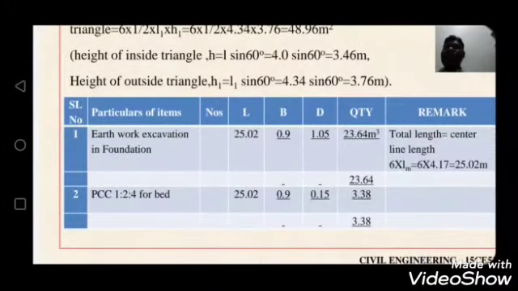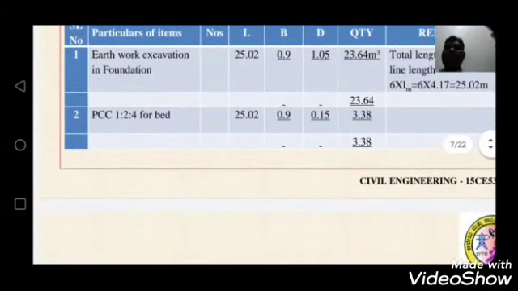PCC 1:2:4 for bed: 25.02 into 0.9 into 0.15, quantity is equal to length into breadth into depth, which is 3.38.